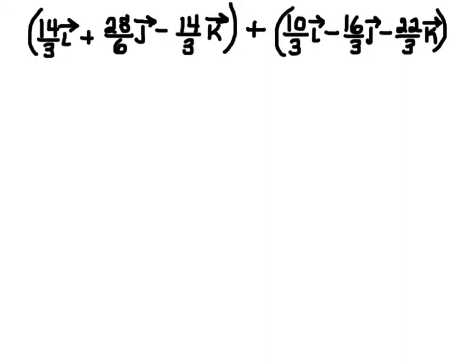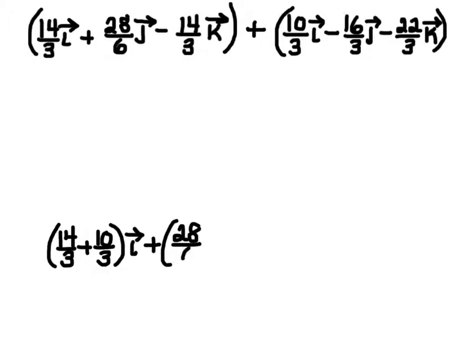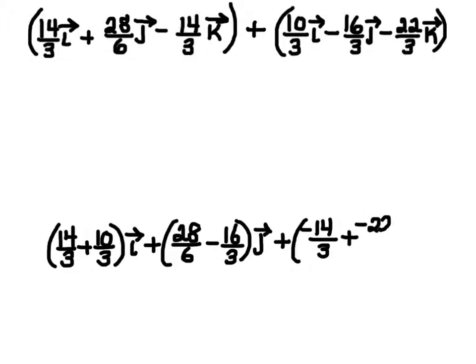So we end up with 14 over 3 plus 10 over 3 in the i direction, plus 28 over 6 minus 16 over 3 in the j direction, plus a negative 14 over 3 plus a negative 22 over 3 in the k direction.